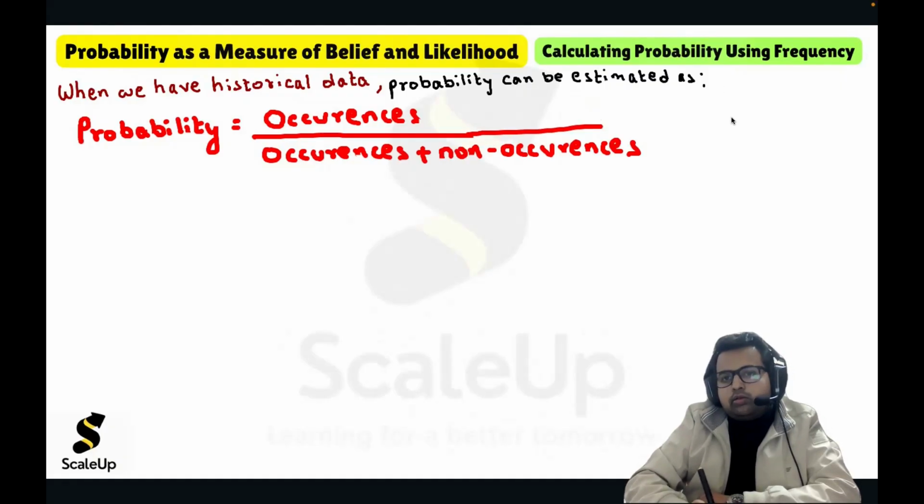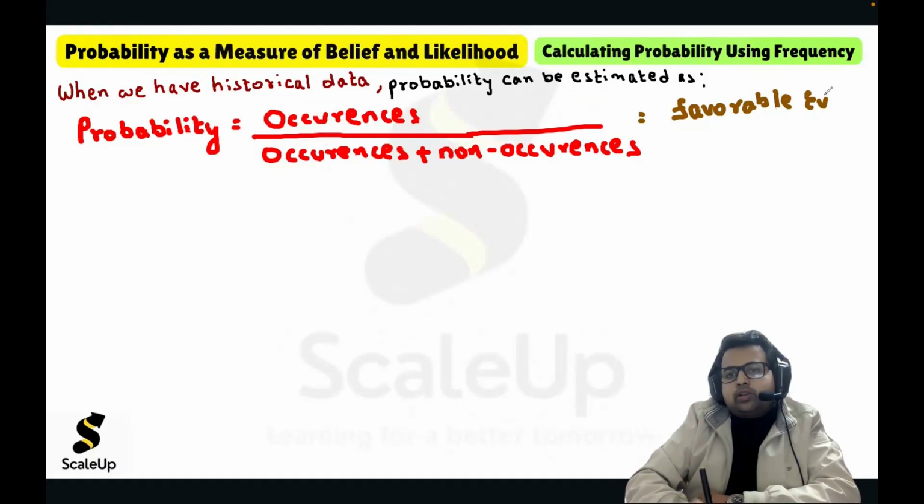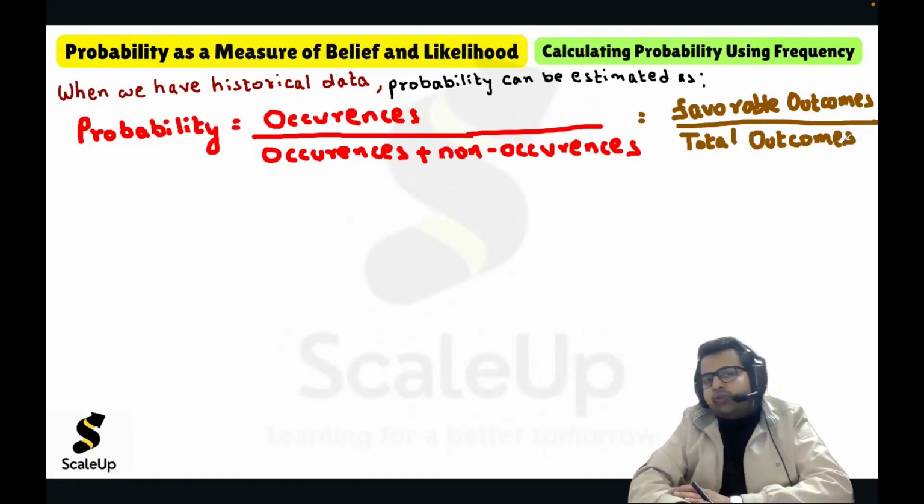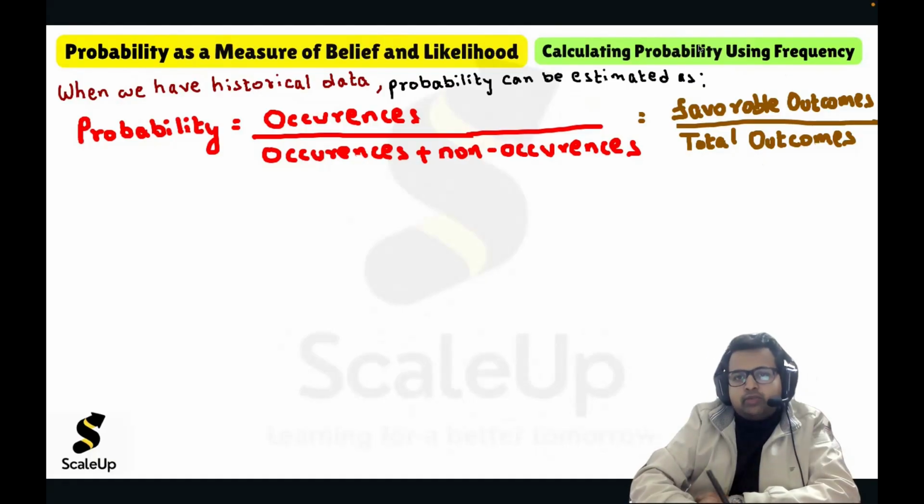Or in easy words, favorable outcomes upon total outcomes. This is how we can measure it, and this is called empirical probability.